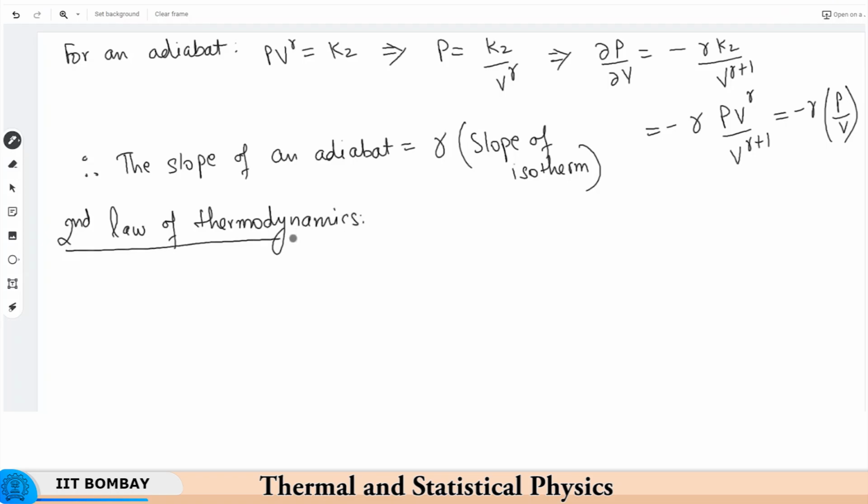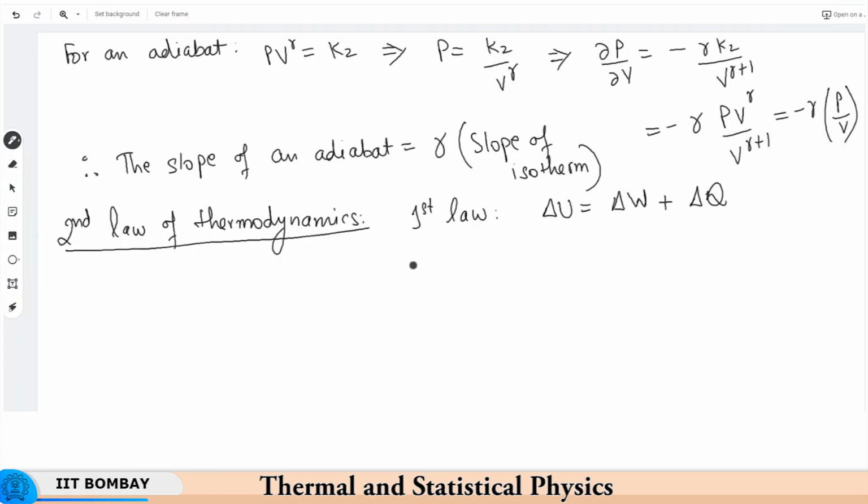So, let us quickly highlight some of the limitations that we have in the first law. Remember, the first law statement is that the change in internal energy is equal to the amount of work done on the system or by the system plus the amount of heat provided to the system or taken away from the system.